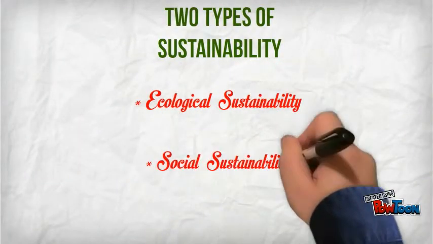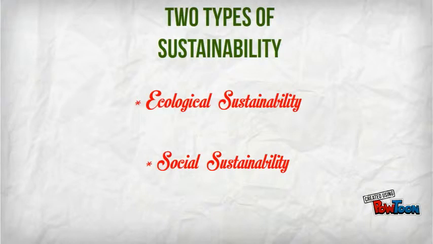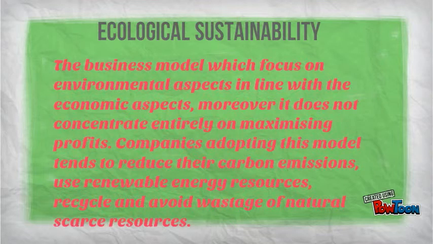One is ecological sustainability, which is saving the planet, reducing pollution, recycling and reusing, minimizing carbon footprints and closing loops. The other is social sustainability, which is developing efficient communities, employee retention and saving rights of our employees. The business model which focuses on environmental aspects in line with the economic aspects is called the ecological sustainability business model.